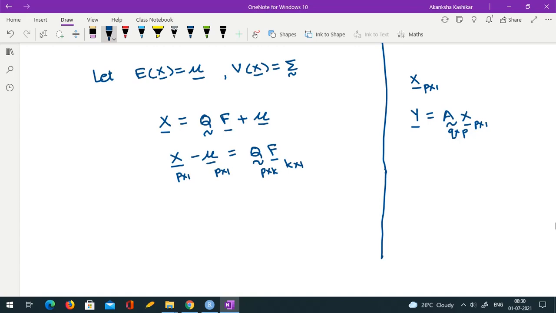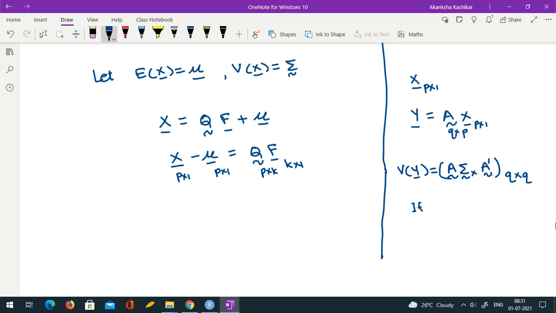What I know about the variance of y is that it would be A variance of x A prime, that is, A sigma A prime. We have proved this in the first week. So what would be the order of the variance of y? This entire matrix is going to be q cross q.